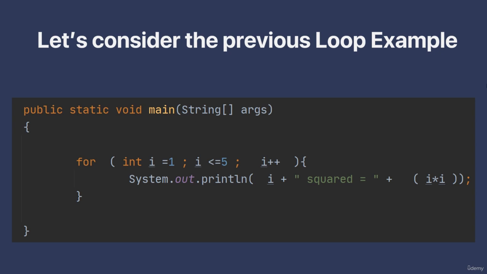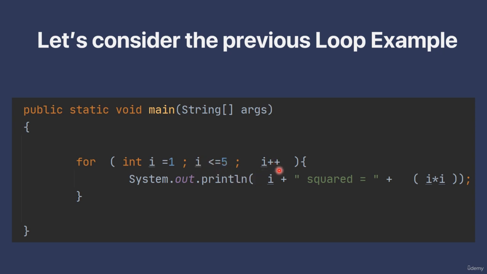Let's consider the previous loop example. In the previous lesson we took the for loop from 1 to 5, as indicated here. I equal to 1 is the initialization of the loop, and I less than or equal to 5 is the stop condition.